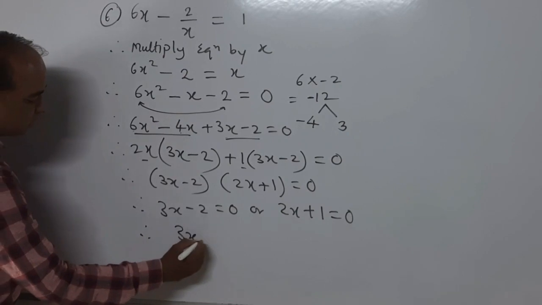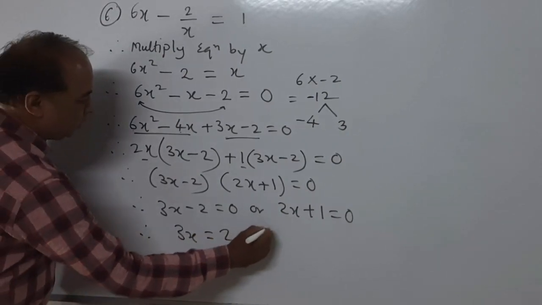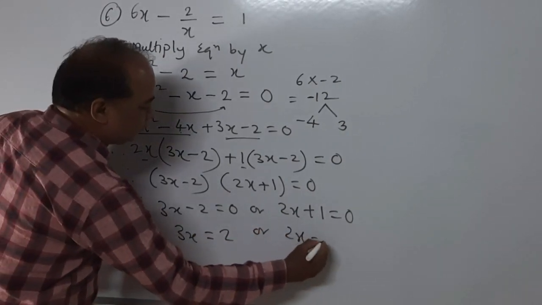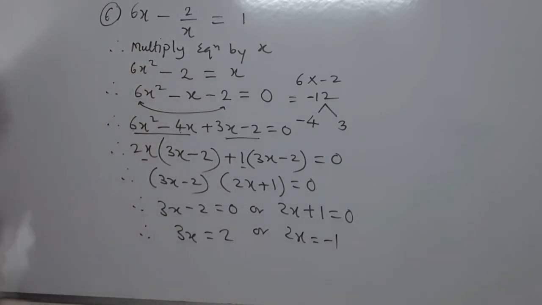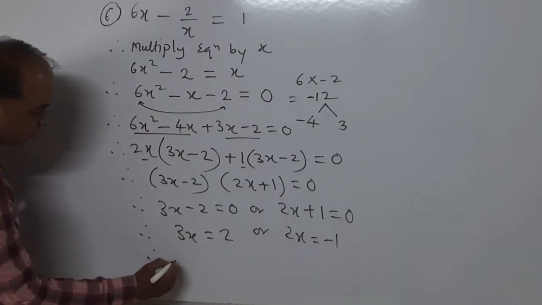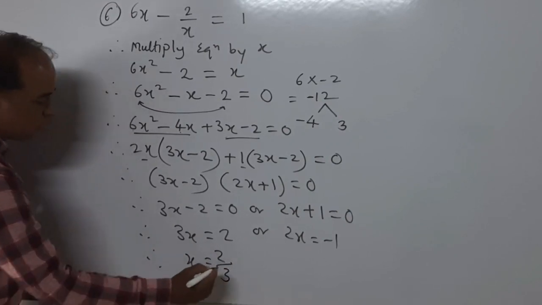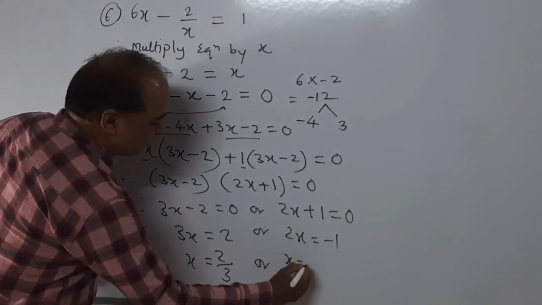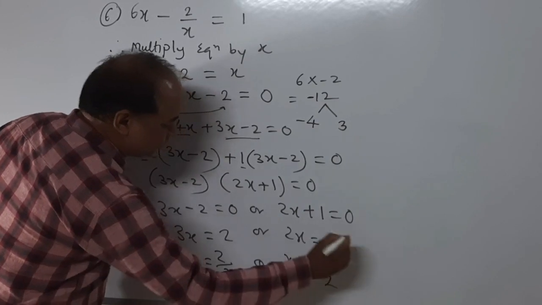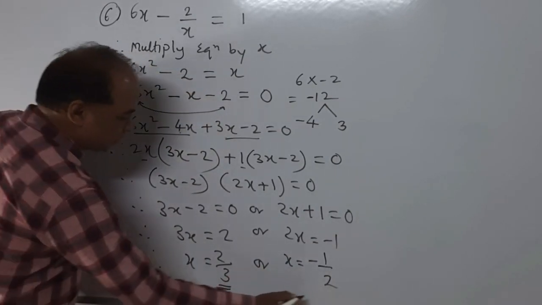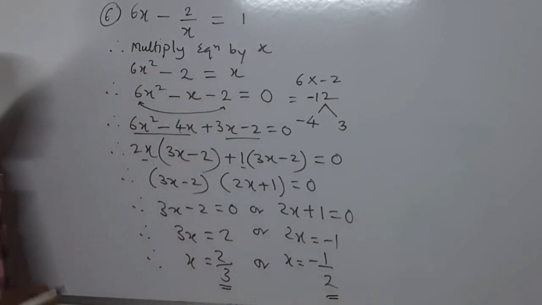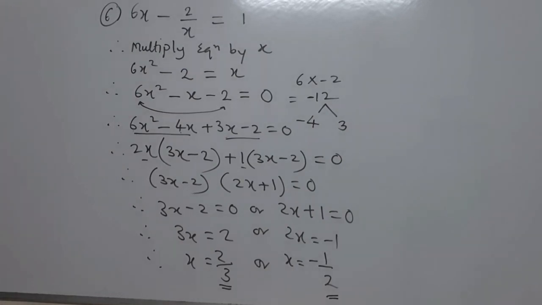Therefore 3x is equal to 2, or 2x is equal to minus 1. Therefore x is equal to 2 upon 3, or x is equal to minus 1 upon 2. So the roots of the quadratic equation are 2 upon 3 and minus 1 upon 2.